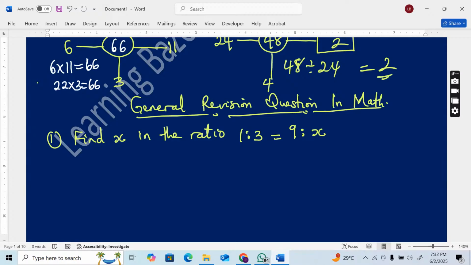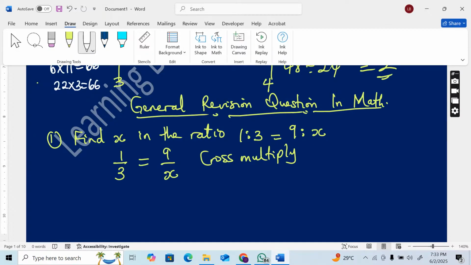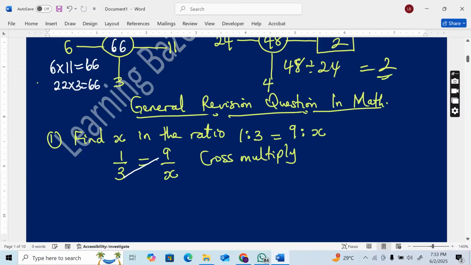What do we need to do first? We need to write the ratio as fractions. So 1:3 becomes 1/3 equals 9:x becomes 9/x. Now that we have a fraction on the left and a fraction on the right, let us cross multiply. 9 will multiply by 3, 1 will be multiplied by x.